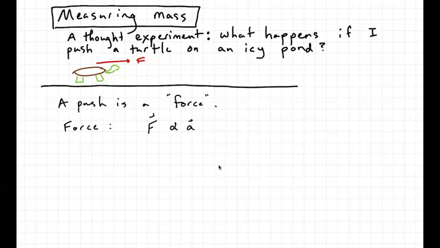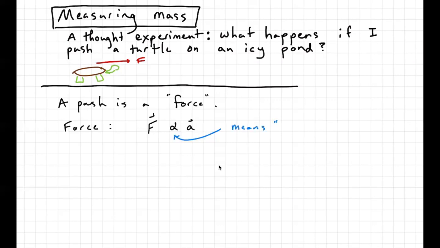If there are multiple forces acting on an object, you have to keep track of all the forces and worry about the net force on an object. We'll return to that in a little bit, but I want to keep it simple for right now. In this expression, you may or may not be familiar with this symbol. It's an alpha, and it means proportional to.